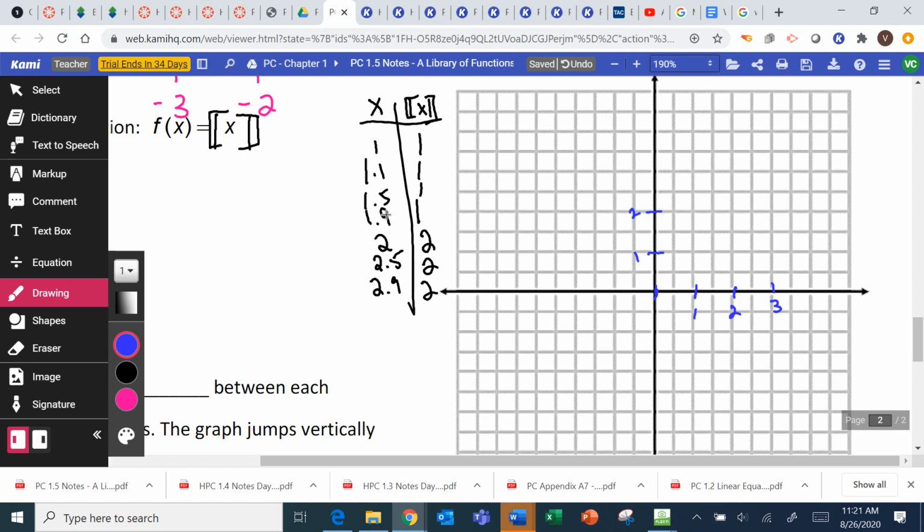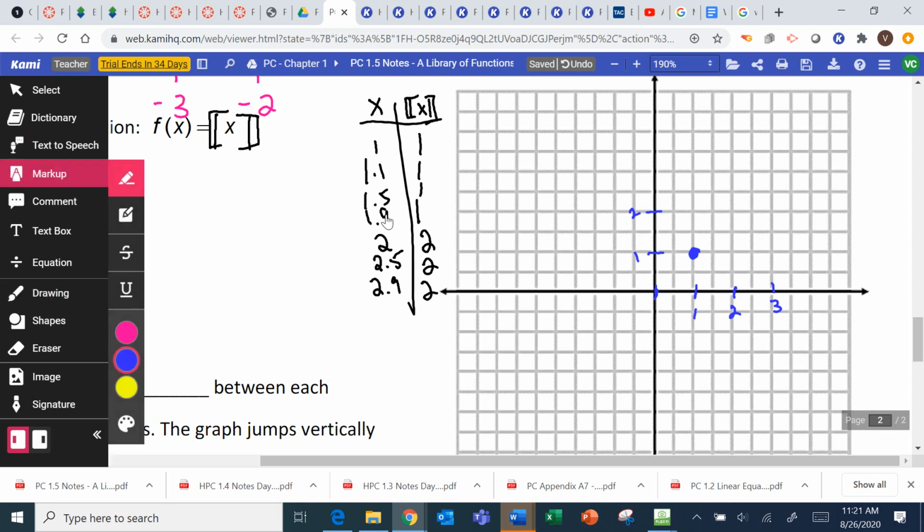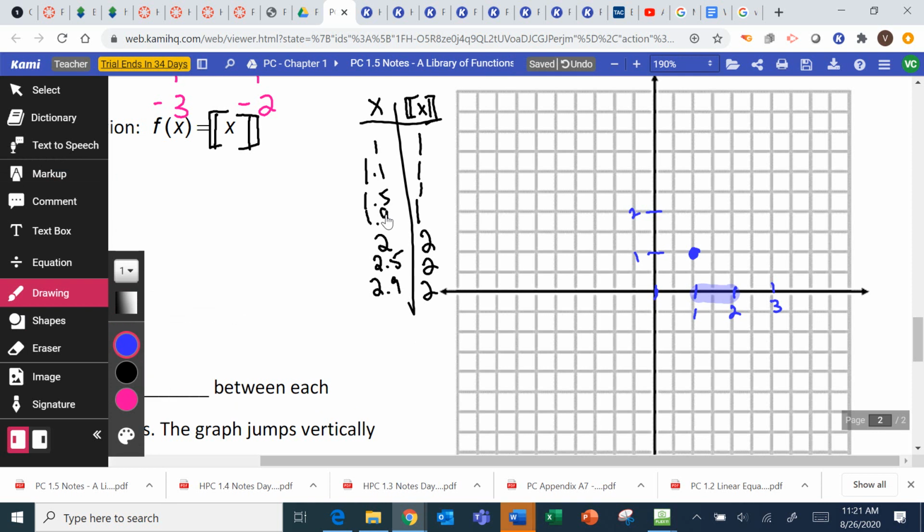So I know for sure at 1, if I input 1 for x, I get out 1 for y. For sure. But I also know that anytime I input from 1 through 2, but not including 2, I still get out the y value of 1. So what that looks like is this.